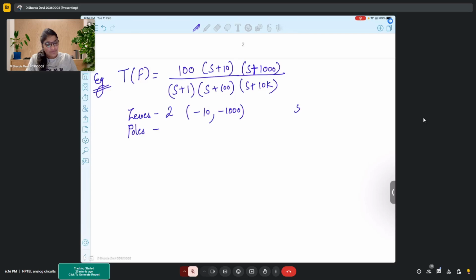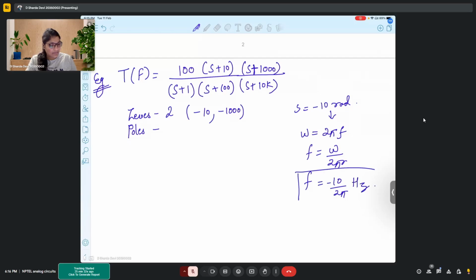So whenever you have s equal to minus 10, this is basically in radians. Okay. If you want to find the frequency in hertz, basically you need to convert it: omega is 2 pi f, right? So f is omega upon 2 pi. So your f will be 10 upon 2 pi hertz.